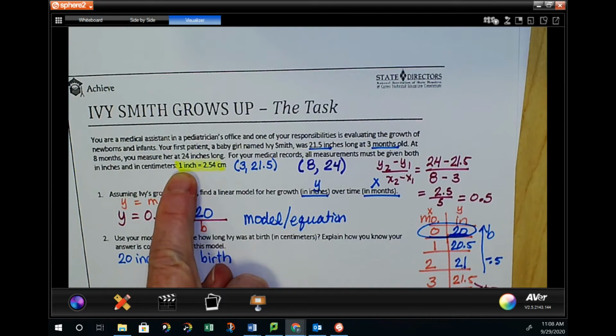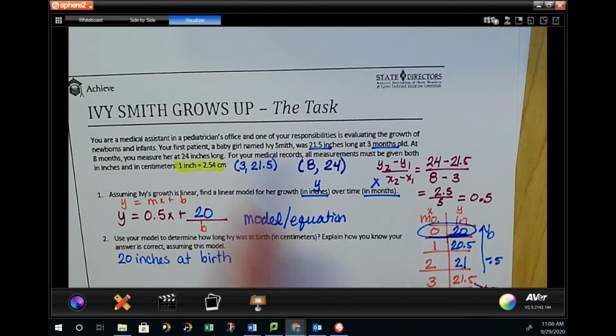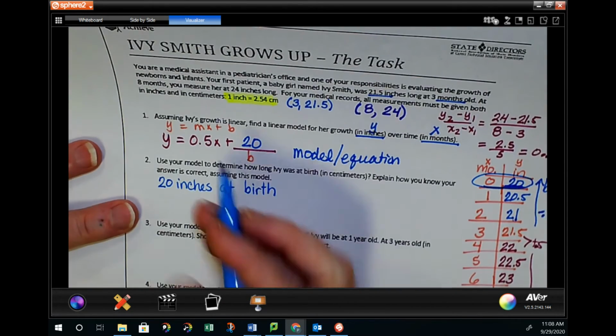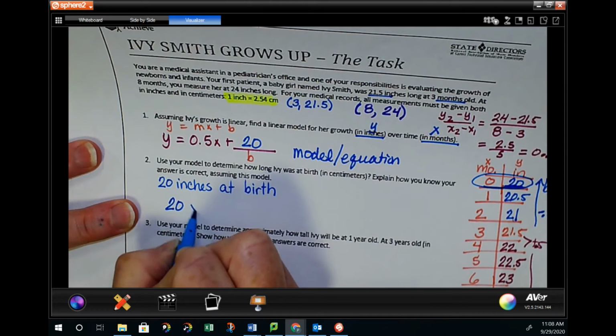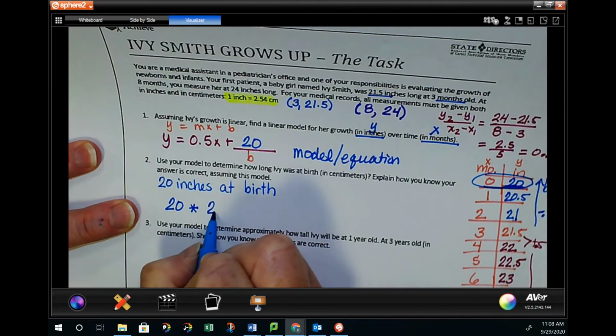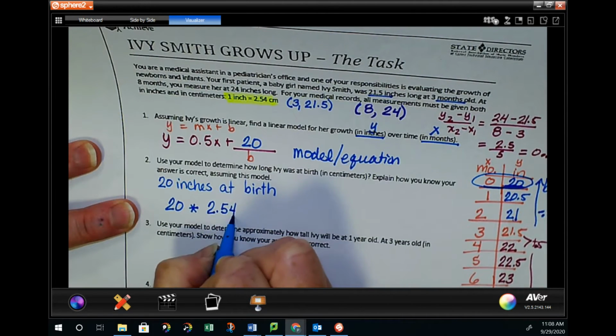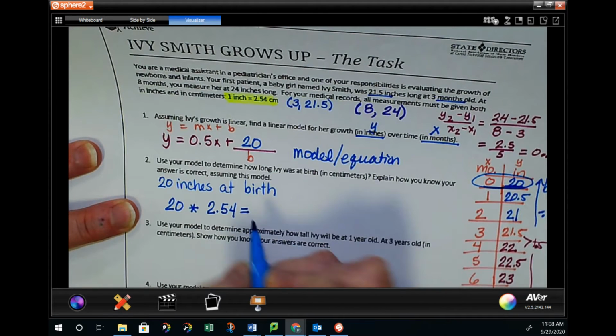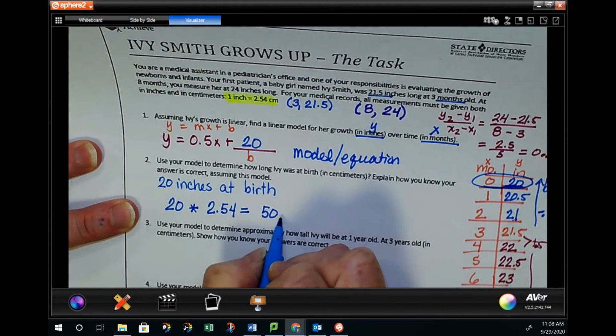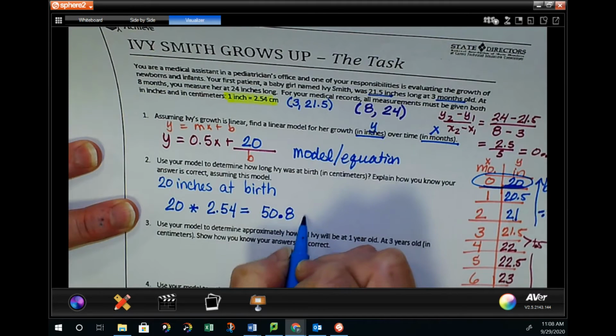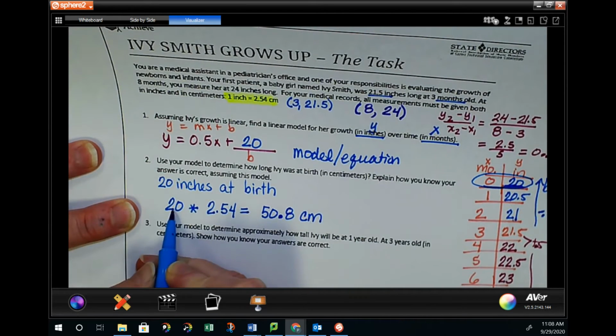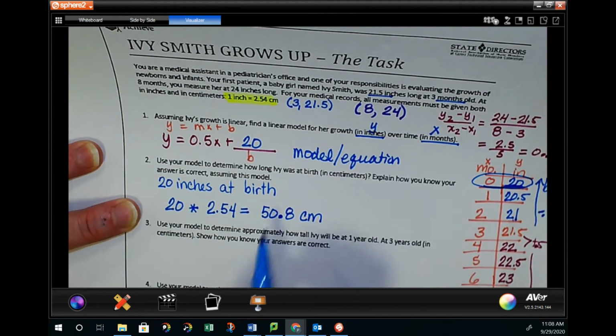So we're going to take that 20 and multiply it by 2.54. When we do that, we get 50.8 centimeters. You type 20 times 2.54 into the calculator, and that's how long she is.